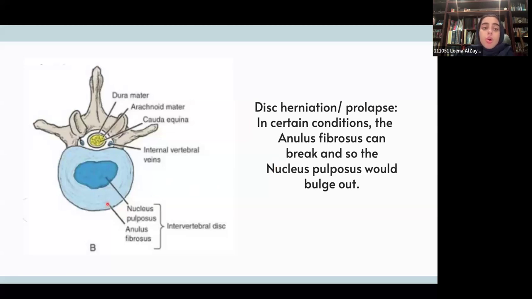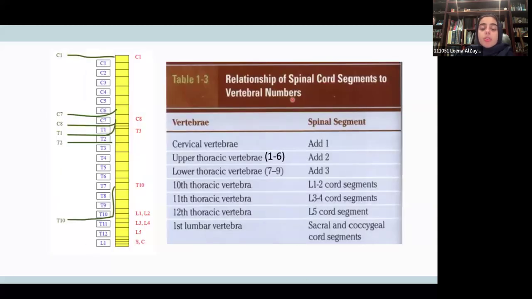Usually what happens in a herniation is that the annulus breaks, so the nucleus pulposus gets the opportunity to protrude outwards. So this is protruding and this is ripping apart. So in disc herniation or prolapse, in certain conditions, the annulus fibrosus can break, and so the nucleus pulposus would bulge out.